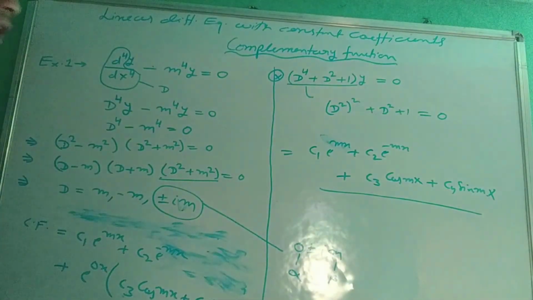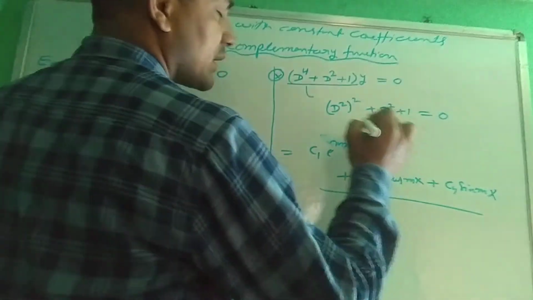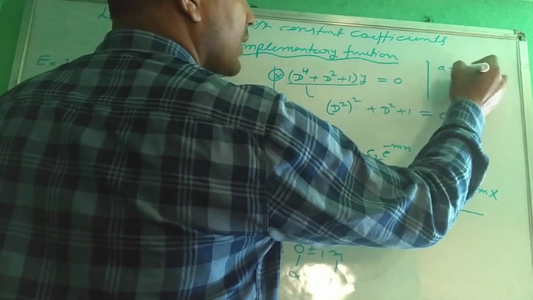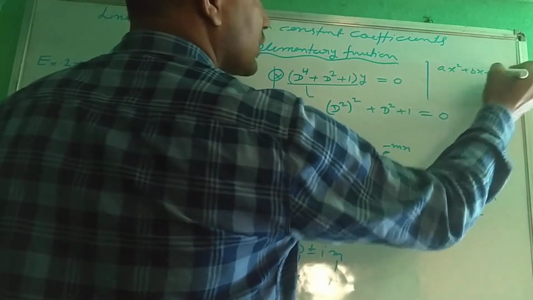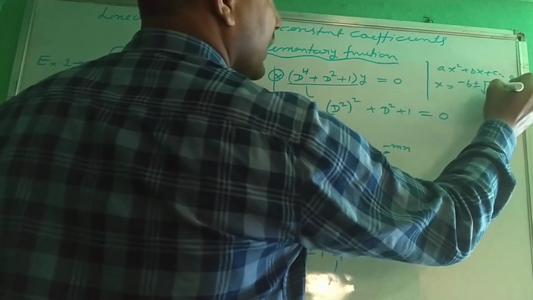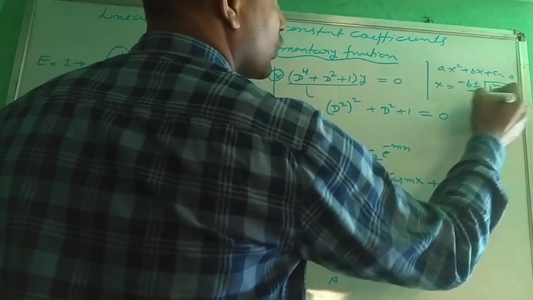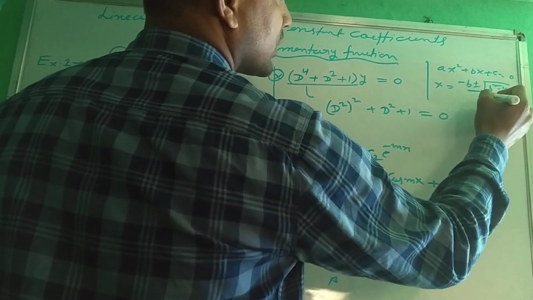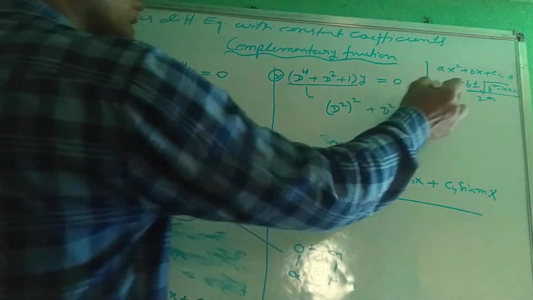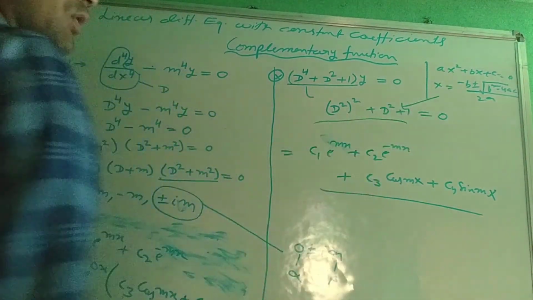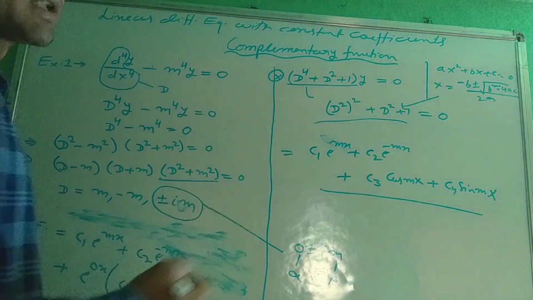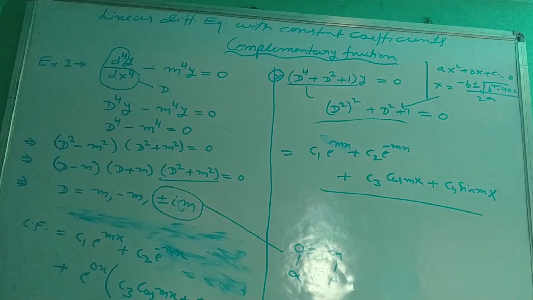Now according to the Sridharacharya method, if we have an equation ax square plus bx plus c equal to 0, then the value of x equals minus b plus minus root of b square minus 4ac upon 2a, right? So according to this method we can calculate the roots of this equation, and according to the nature of roots we can find the complementary function.